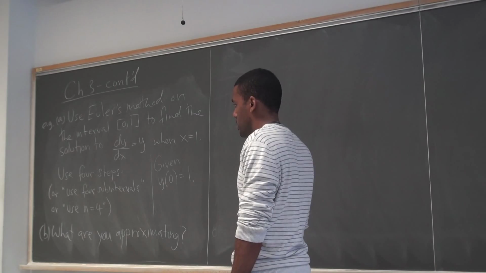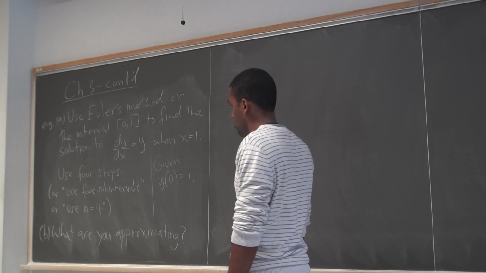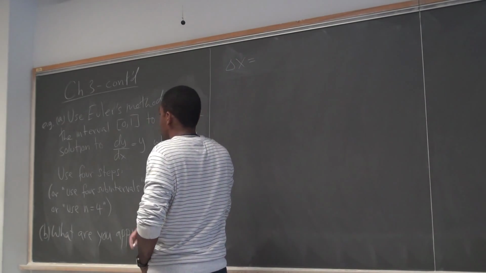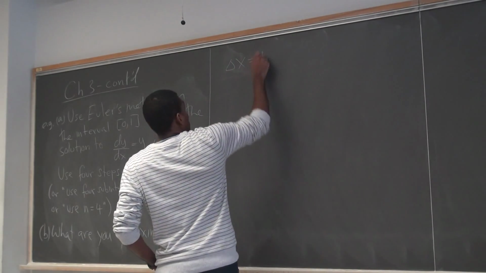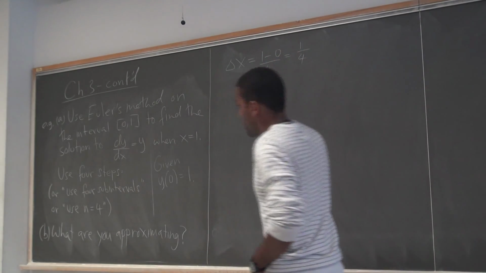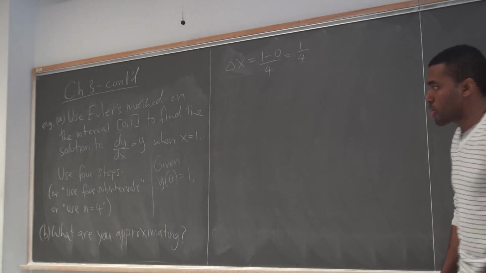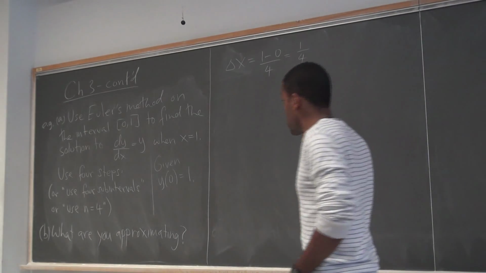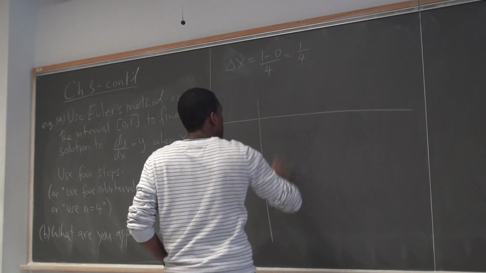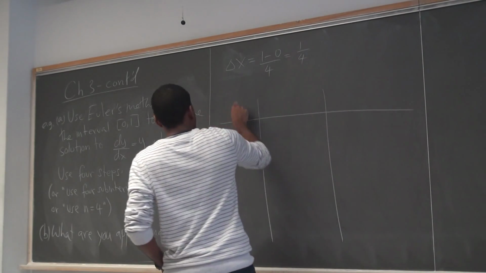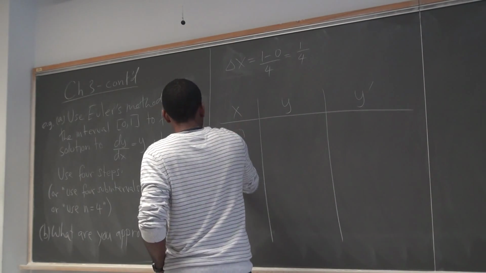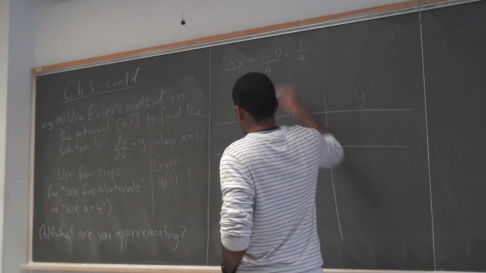So what's the first step? In this case, delta x would be what? 1 minus 0 over 4, b minus a over n, so it's a quarter. So if we're going from 0 to 1 and we want to take 4 steps, each step has to be step size a quarter. So I know in this table that I'm going to fill out, this is the x, this is the y, this is the y prime. I'm going to start at 0. I'm going to jump by step size of a quarter.